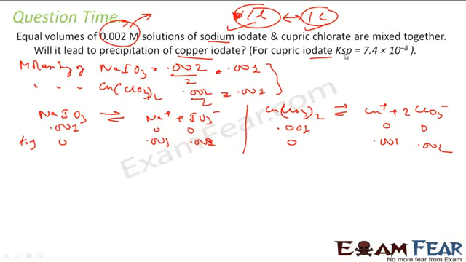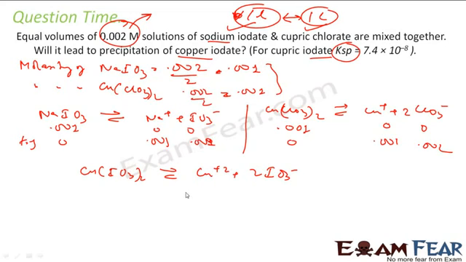Now it is given that the Ksp of cupric iodate is needed. So let's write this equation. Cupric iodate will give you Cu 2 plus and 2 IO3 minus.